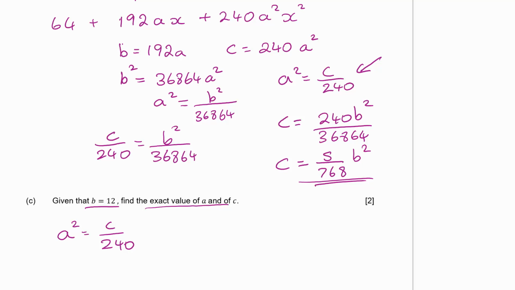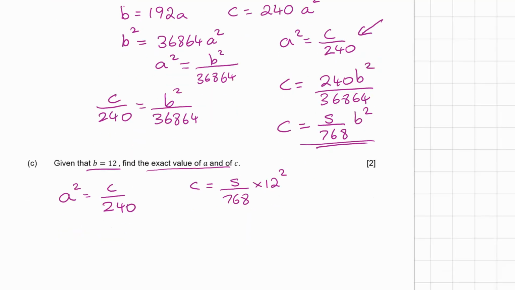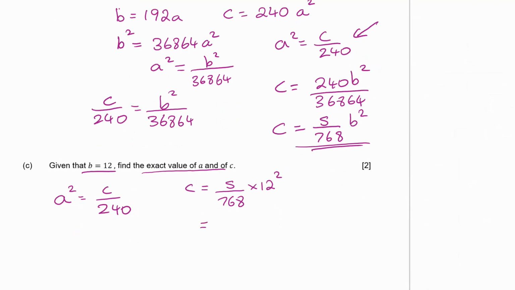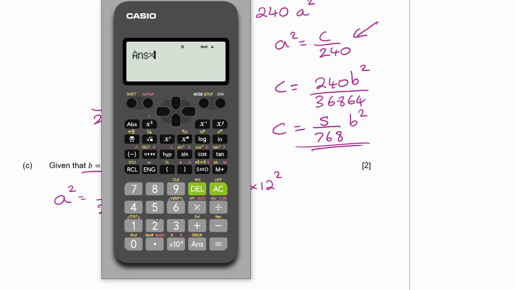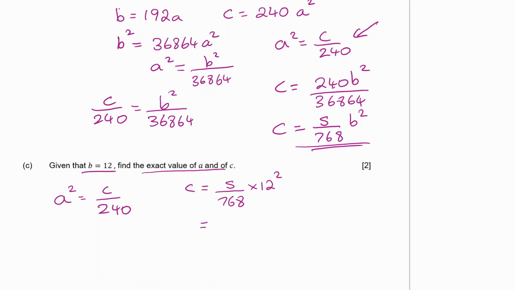But we also know that c is equal to 5 over 768 times b squared, and we're told that b is 12. So 5 over 768 times 144 gives me 15/16.